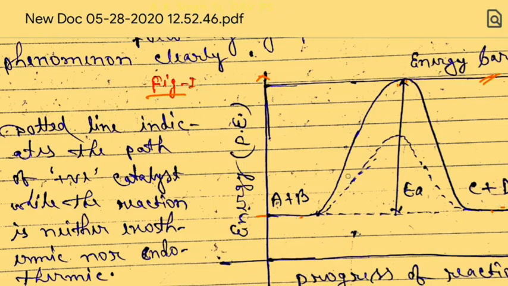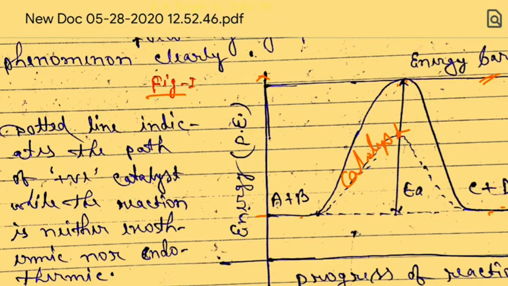But when a positive catalyst is added, then what happens? This dotted line curve clearly indicates that activation energy is decreased and there is no change in the amount of products.